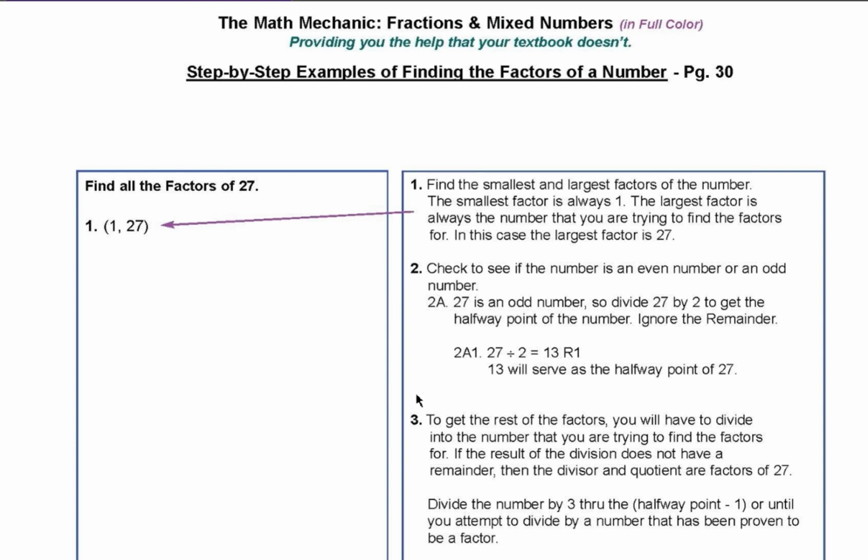Next, we will move on to step 3. To get the rest of the factors, you will have to divide into the number that you are trying to find the factors for. If the result of the division does not have a remainder, then the divisor and quotient are factors of 27.